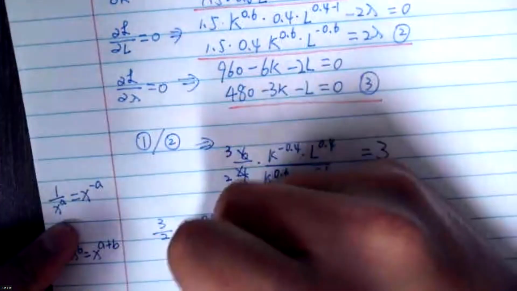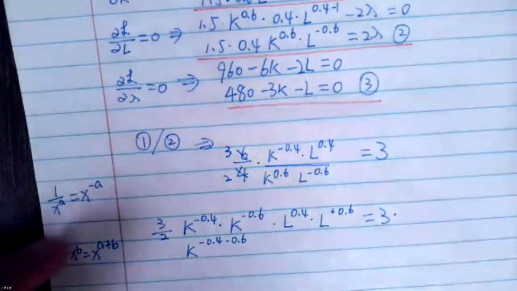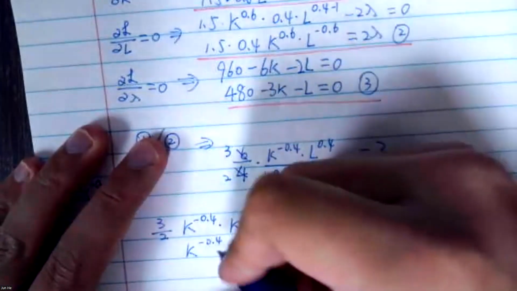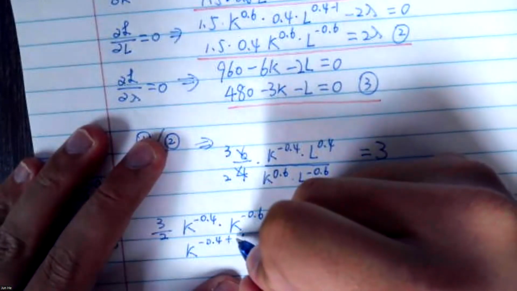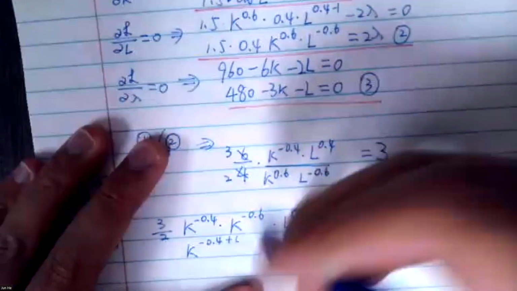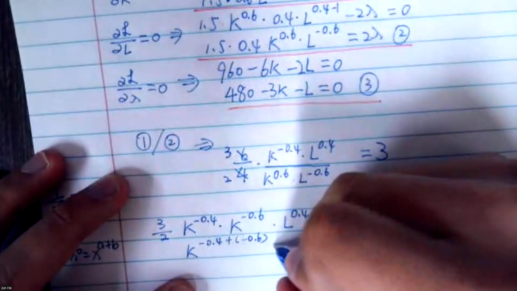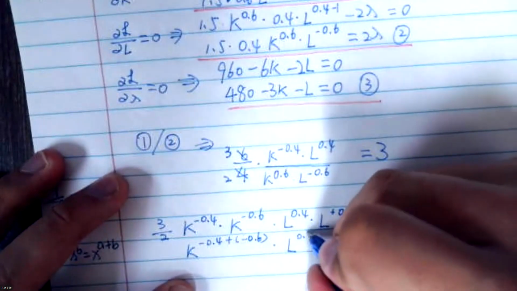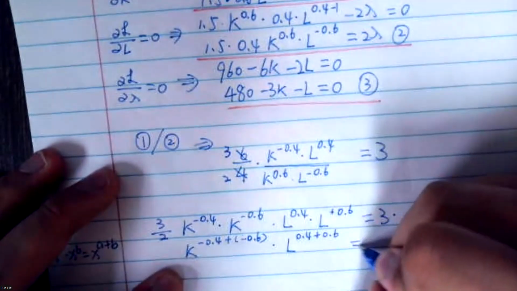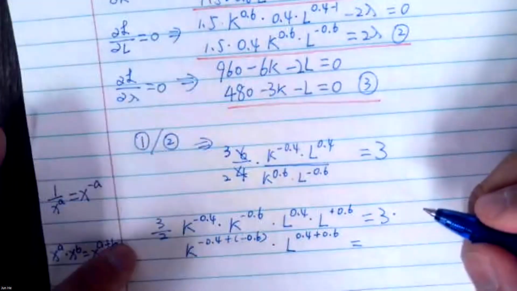Okay, so we have K to the power of minus 0.4 plus minus 0.6, multiplied by L to the power of 0.4 plus 0.6. Now equal to, here we can flip, right?